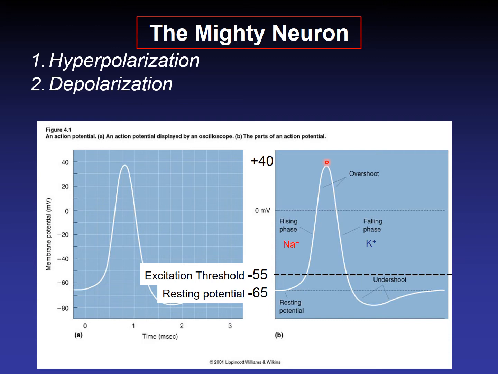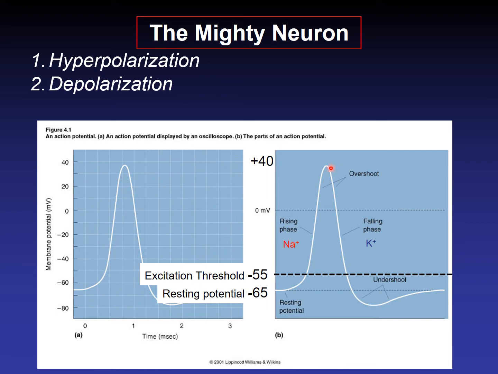Now we'll get the rapid repolarization, whereby the sodium channels at this stage of the action potential have begun to close so that positive charge stops running into the cell. And also at this time, potassium channels are going to open. Potassium is concentrated inside the cell.